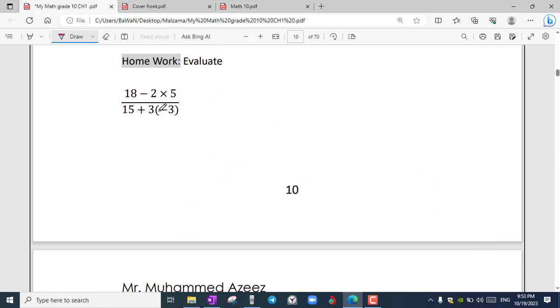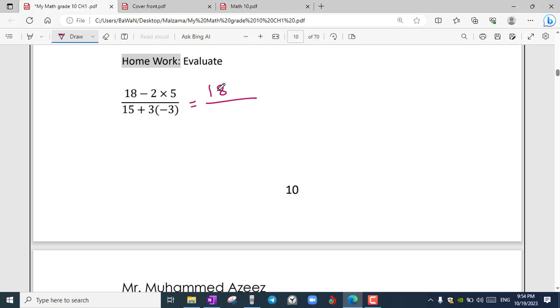To evaluate this, firstly, I do multiplication. This is also multiplication. It's not considered as a bracket. First, I do multiplication. Negative 2 times 5 is negative 10.